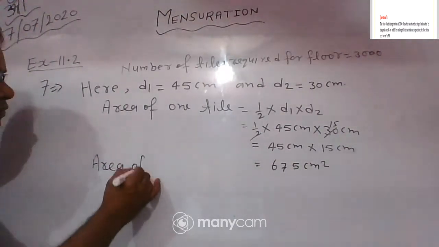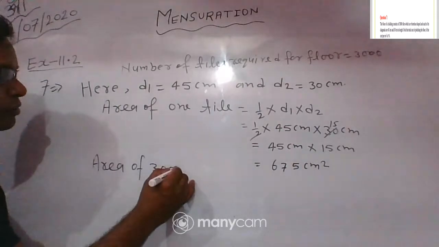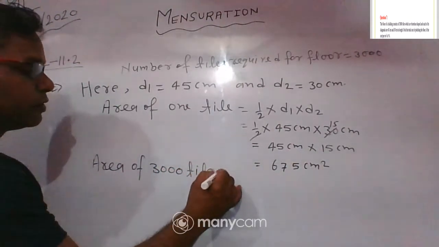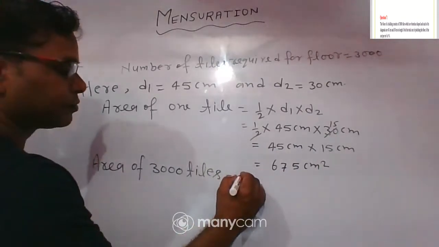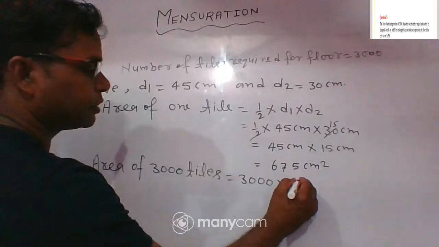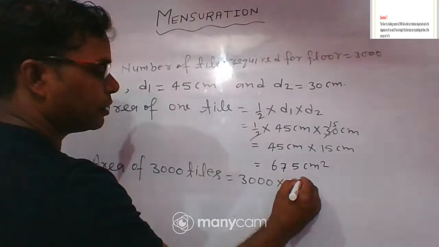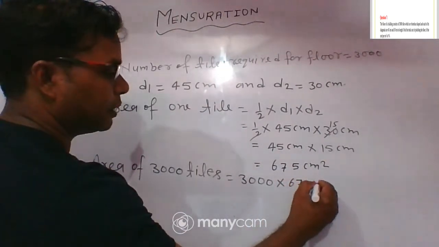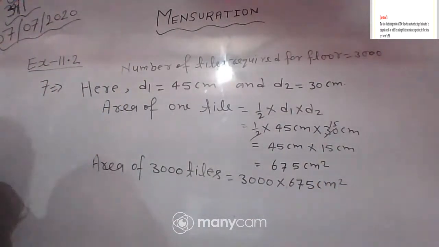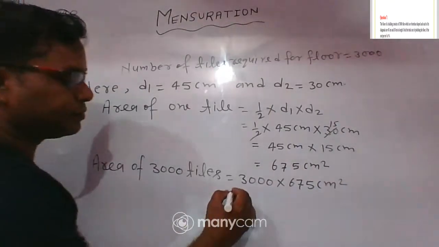Area of 3000 tiles is equal to 3000 into 675 centimeters square. Clear? If we multiply it, we find the area in centimeters square.